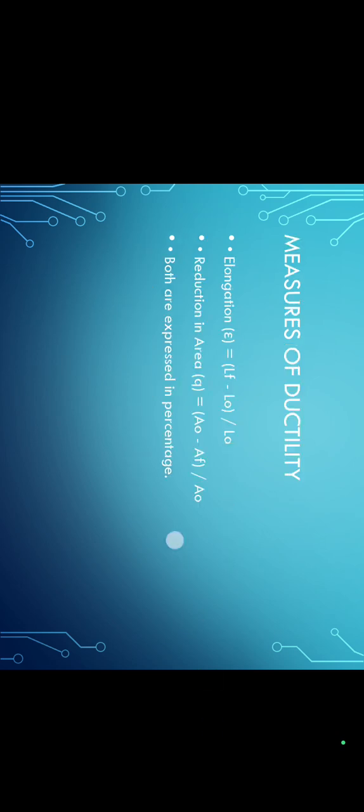After that, we will proceed to discuss the methods used to measure the ductility and the parameters involved in its evaluation. In a tensile test, ductility is determined by two important measures which indicate the extent of plastic deformation a material can undergo before fracture.